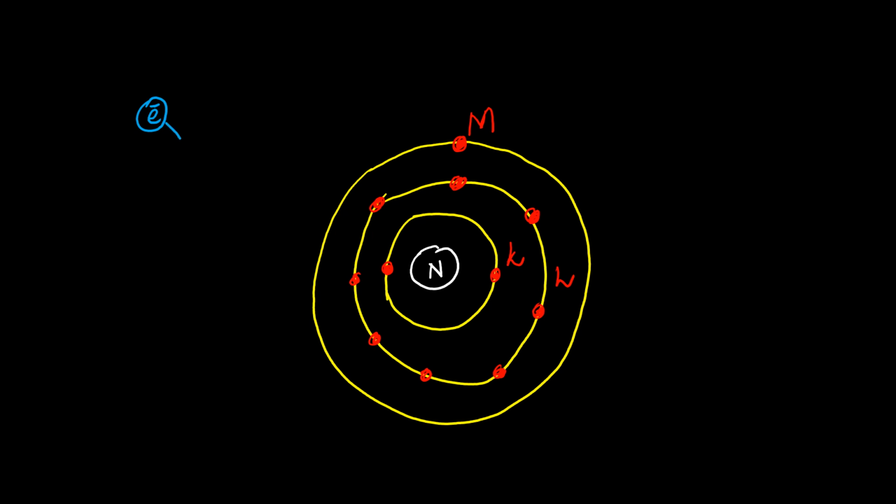This incident electron may pass closer to the nucleus, and since the nucleus has protons, this electron may be deflected by the nucleus of the atom.